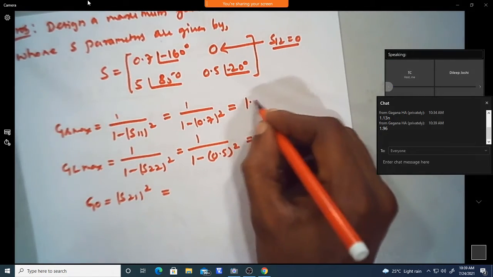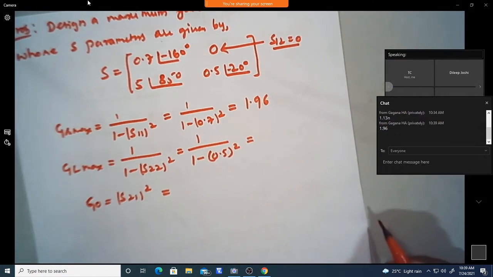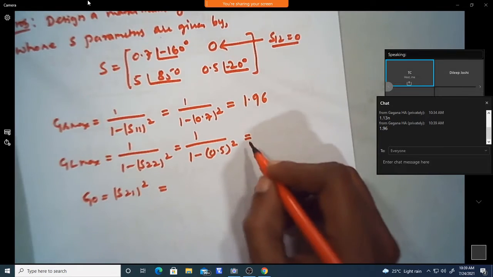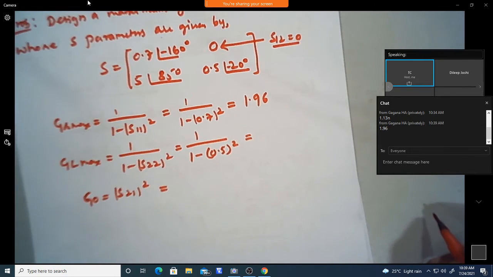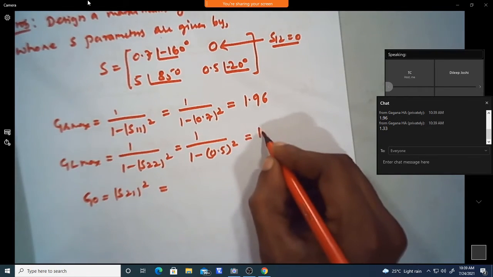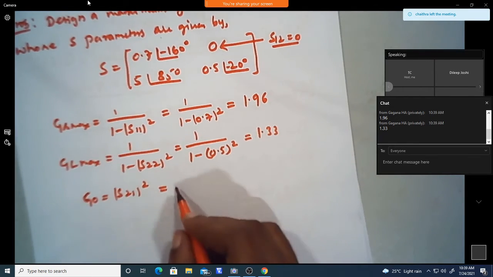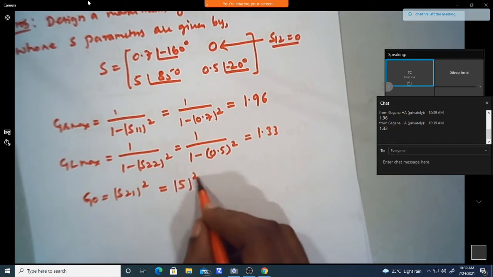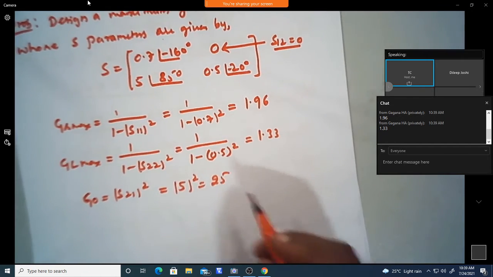Okay, 1.96. And this one, what is GL max? 1.33. Okay, and this S21 squared, which is 5 squared, is equal to 25. Okay, so that is fine.